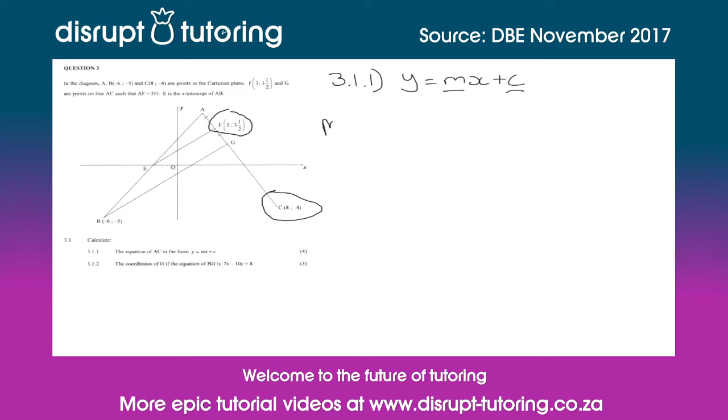So we can then find the gradient of FC, which is the change in y over the change in x, which we can write as y2 minus y1 over x2 minus x1. And we assign that coordinate 1 can be for F and coordinate 2 can be for C. We can then do a simple substitution. So for y2, we can substitute the value of minus 4.